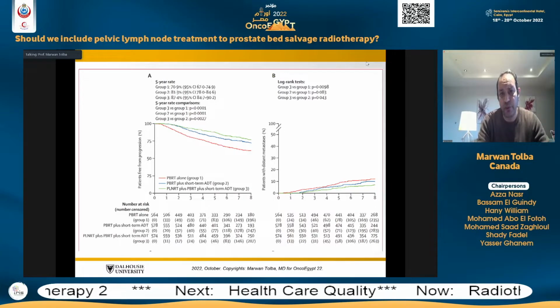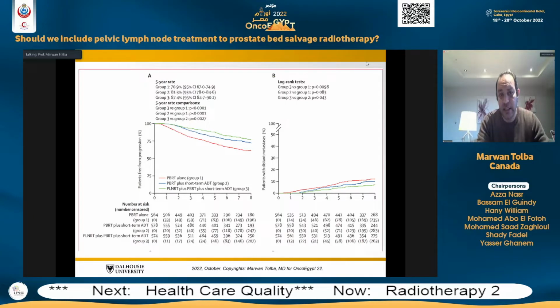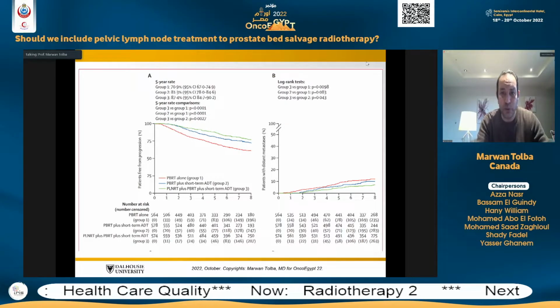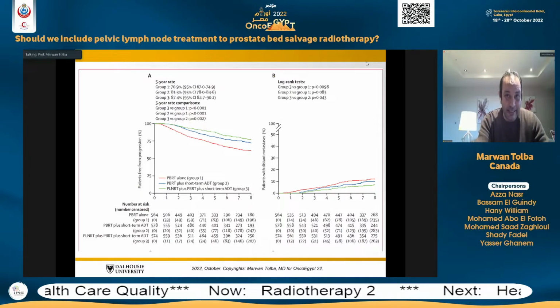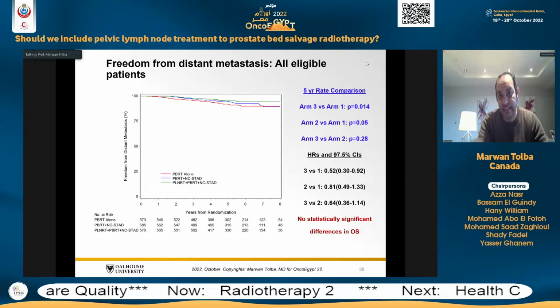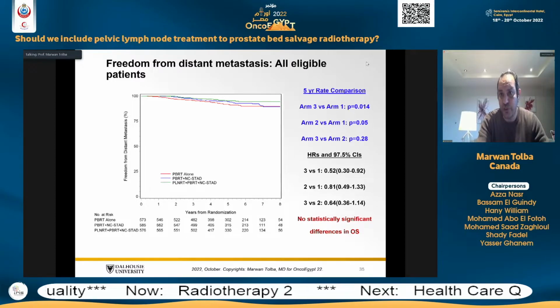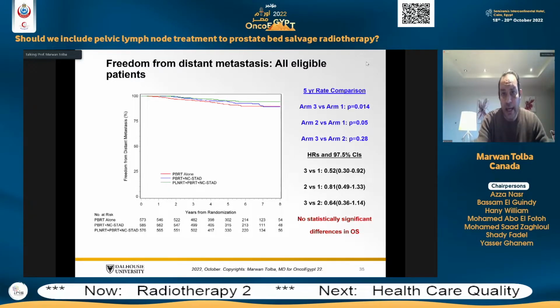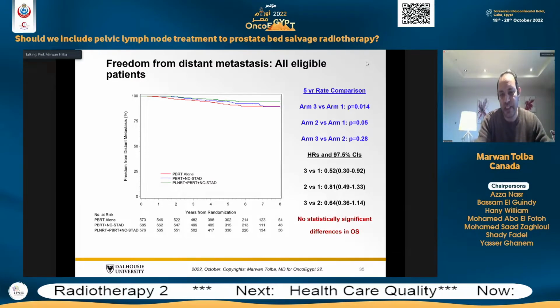Including the pelvic lymph nodes with short-term ADT with dual escalation had the highest rate of freedom from progression and the lowest rate of distant metastasis. However, the distant metastasis benefit wasn't translated into survival, and the only significant difference is dual escalation versus prostate-only radiotherapy.